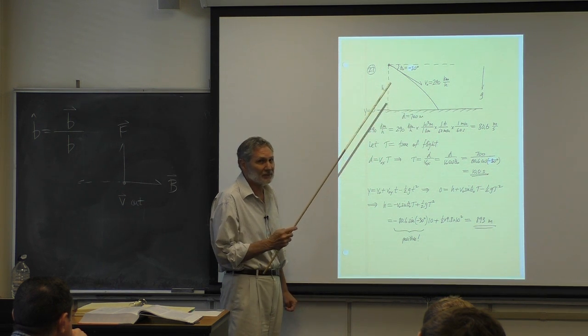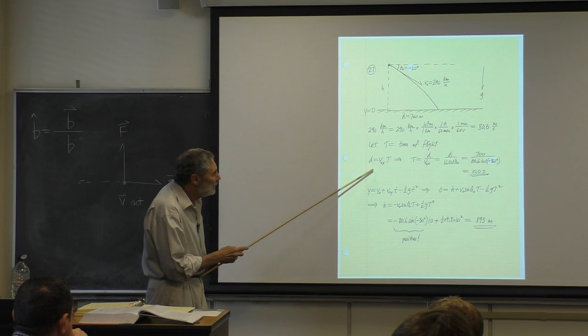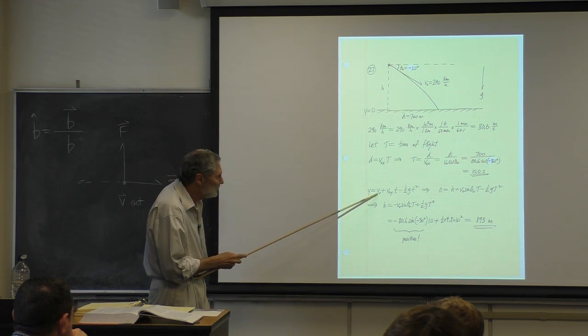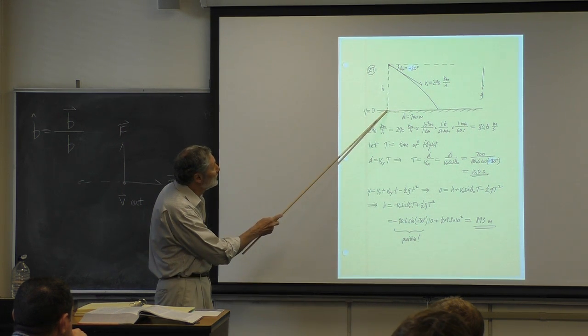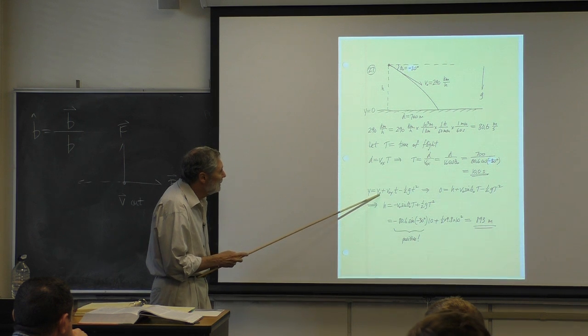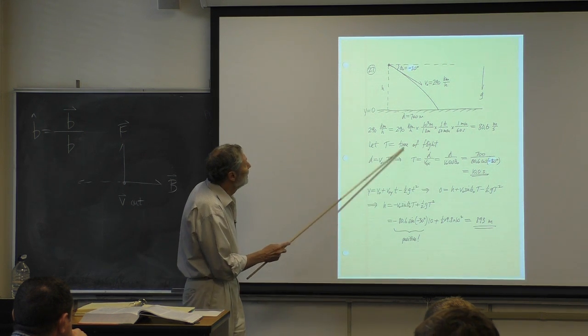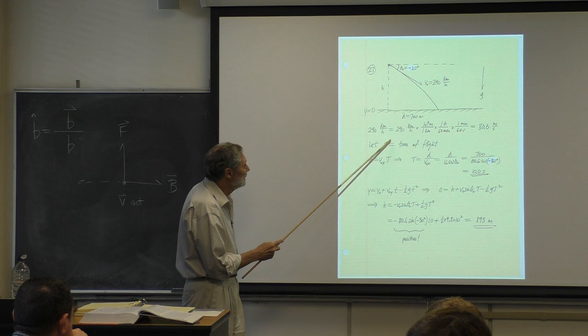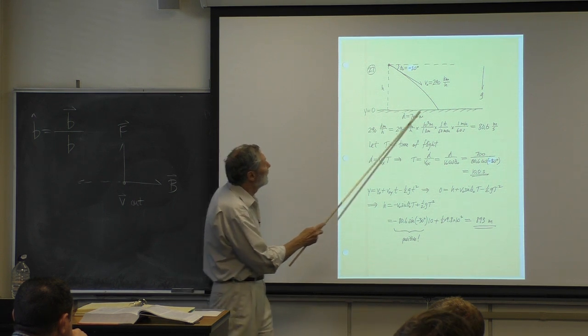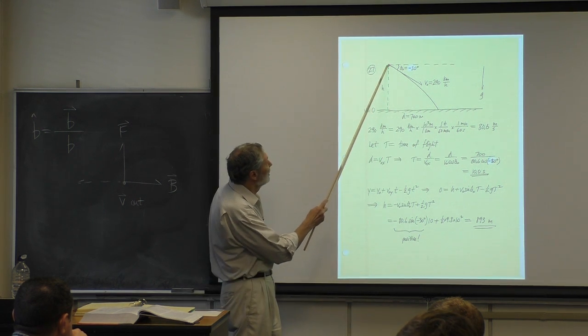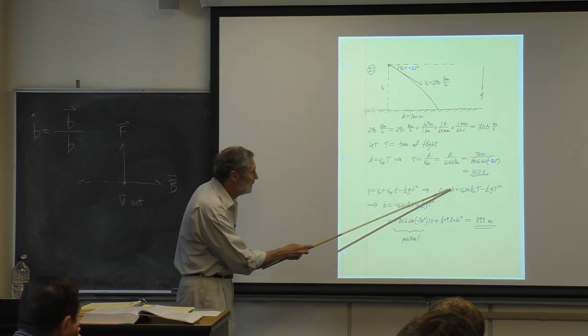Believe me, this projectile doesn't care at all about what we call the origin. In choosing this to be my origin, right here, the final y is 0. The initial y is what we're calling h here, which is what we're trying to find.